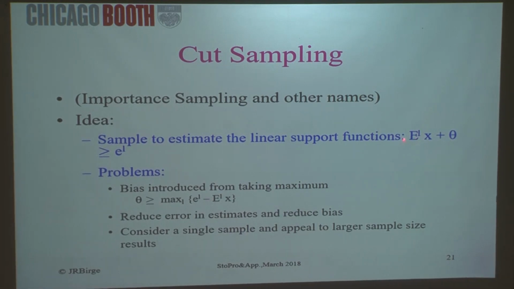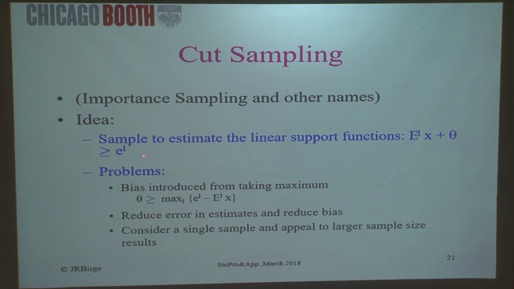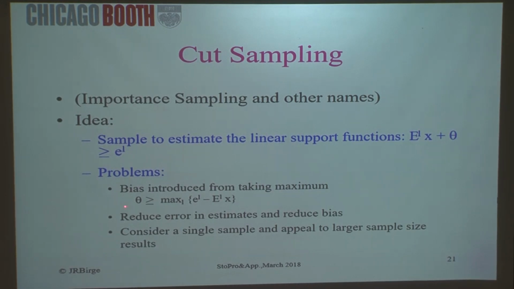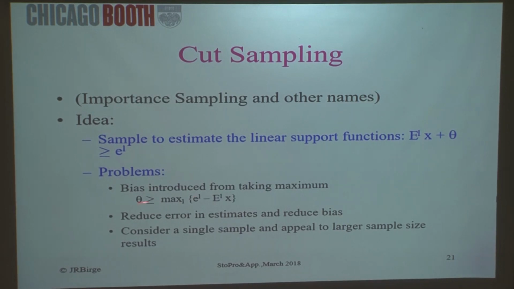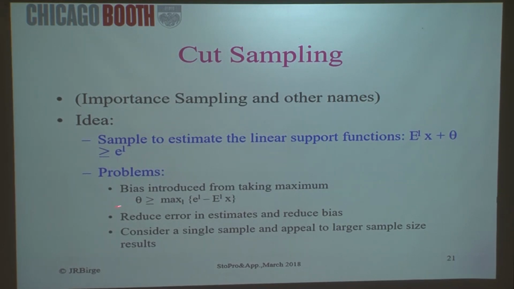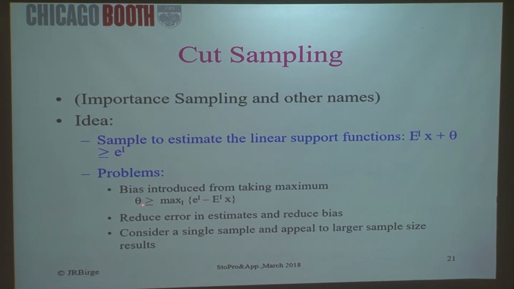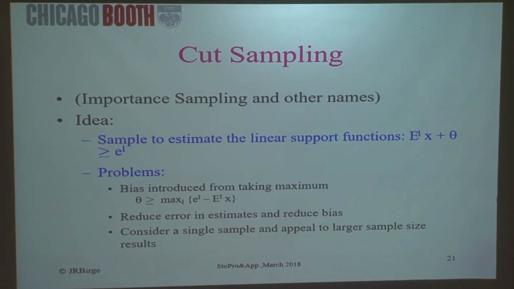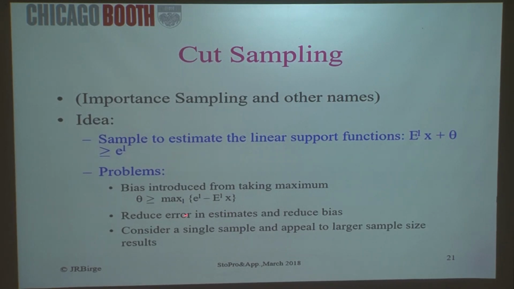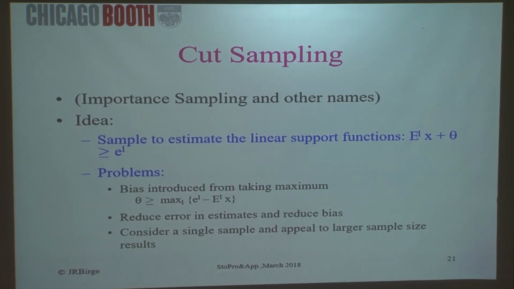There's an issue, though. When you create approximate cuts, there's some bias introduced. One of the exercises I have for the computation is to look at what this bias is in an example. The problem is that if each of these is randomly sampled, and you're taking the maximum over them, then you're taking the maximum of something random.